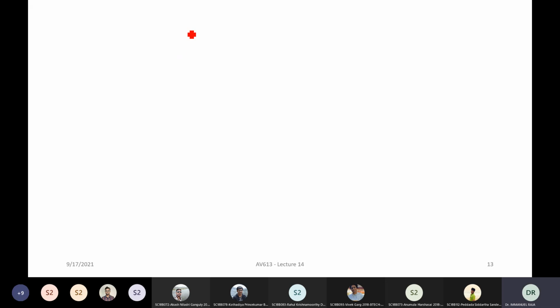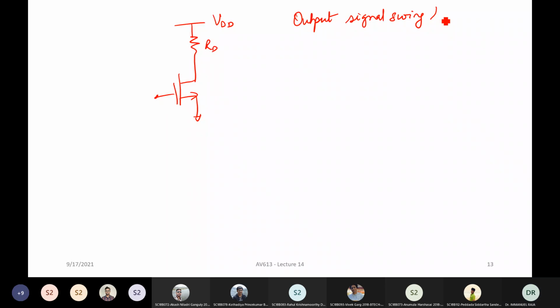Right. Now, if you look at this amplifier, what are the signal swing limits? Let us talk about the output signal swing limits.